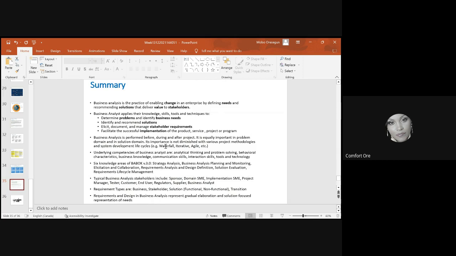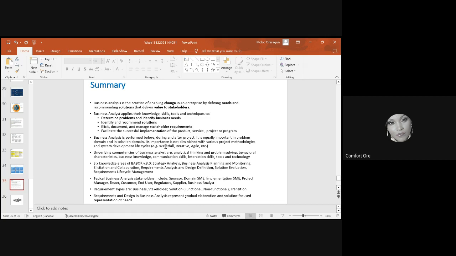So it means the ability to actually understand the needs before recommending a solution. Determine problems and identify business needs. Identify and recommend solutions. Elicit, document and manage stakeholder requirements. Facilitate the successful implementation of the product, service, project, or program.